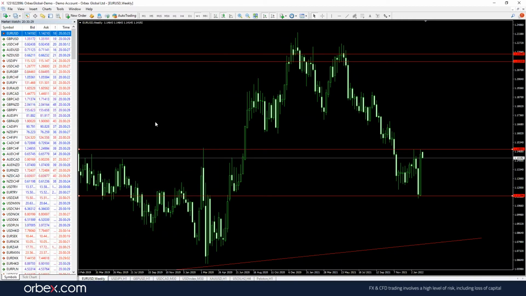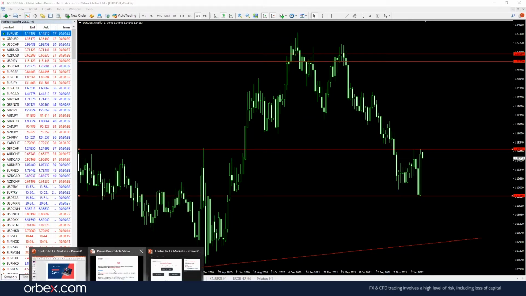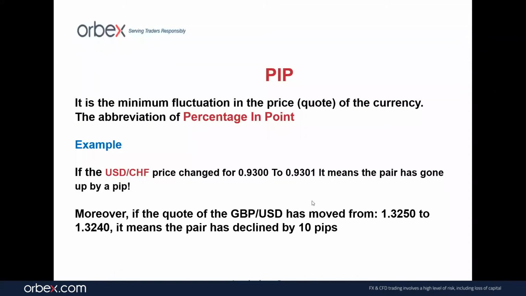We're just getting you through the basics to make you feel more comfortable and making sure that you are up to date with the basics of fundamental trading. So let's go back to the presentation. As I said, if the dollar Swiss price has changed from 93.00 to 93.01, that 1 pip is the amount it has moved by.